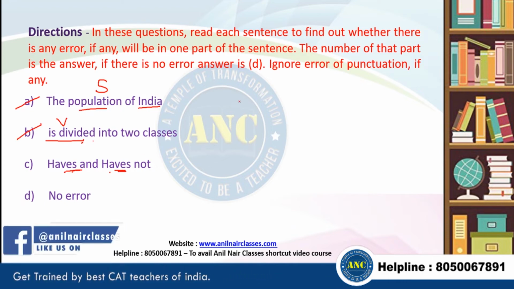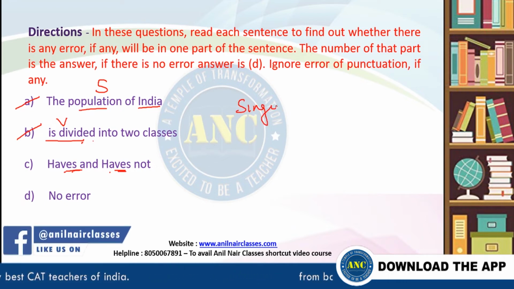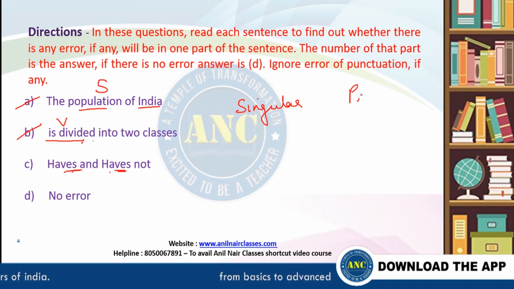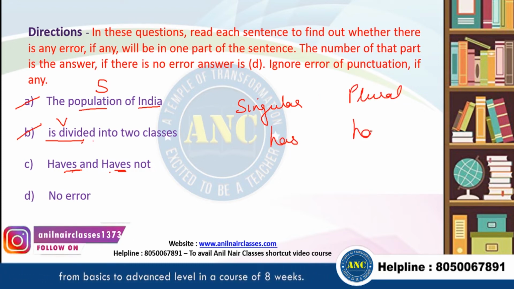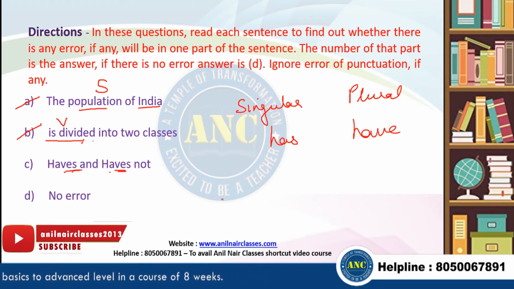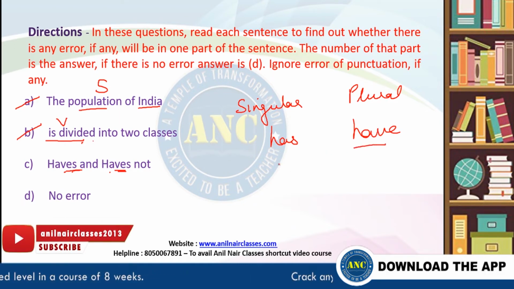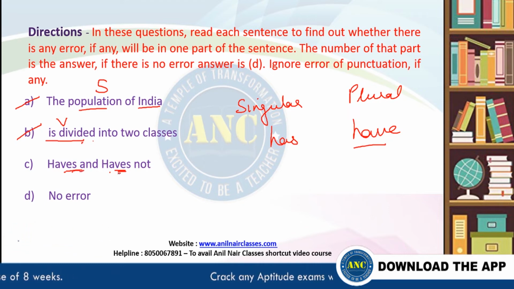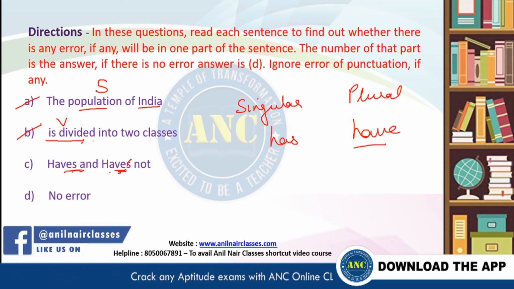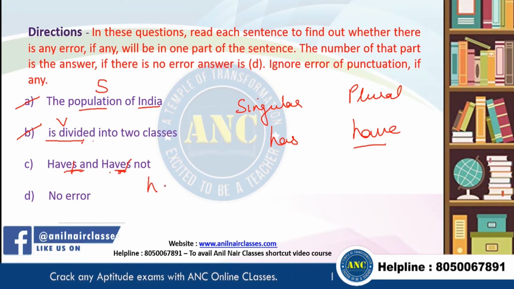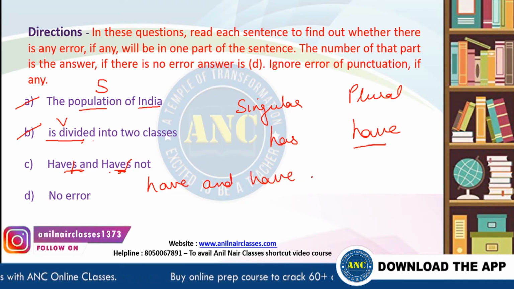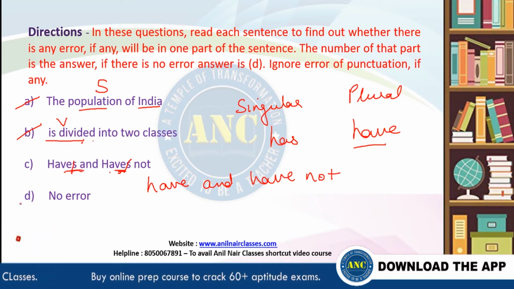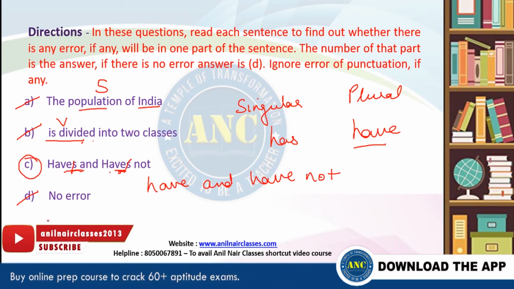See the forms of to have, if you talk about the singular and the plural form. Has is singular, have is plural. So when have is in the plural form, why do you need to have an S over there? This S is wrong. It should be have and have not. So we'll get rid of D. Your answer will be C.